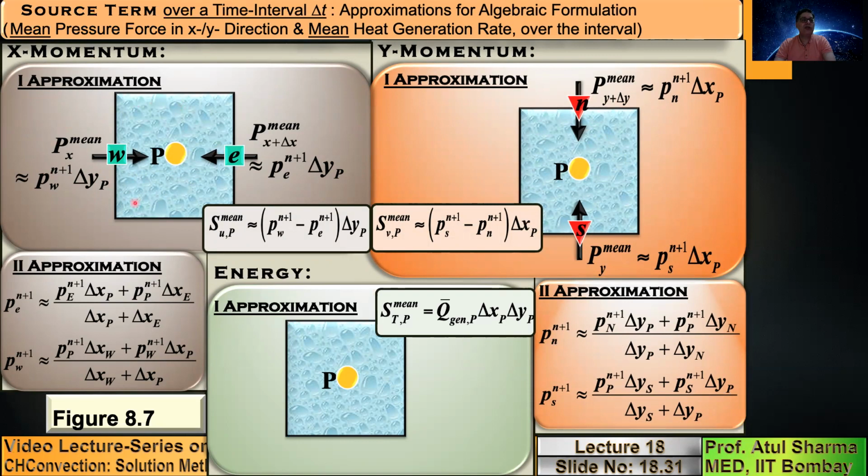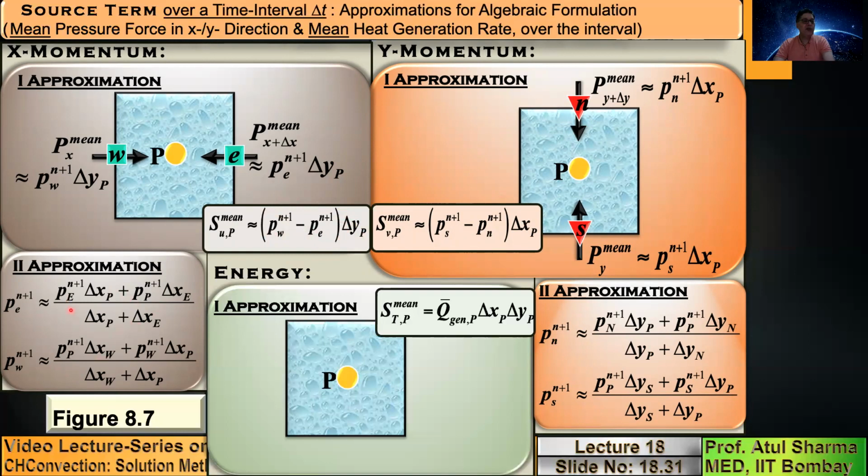So to calculate net pressure force, it will be expressed in terms of pressure force on the west minus east, because this is in the positive x direction, this is in the negative x direction. Similarly, P south is in the positive y direction, this is in the negative y direction. So pressure multiplied by surface area gives you the net pressure force in the x direction, this is in the y direction. The second approximation, as I mentioned, is linear interpolation.